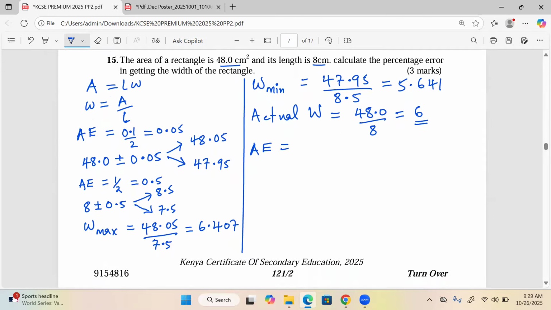Absolute error is given by maximum minus minimum over 2. Maximum minus minimum divided by 2. Let me work it out once. 6.407 minus 5.641. Then we divide by 2. 0.383.